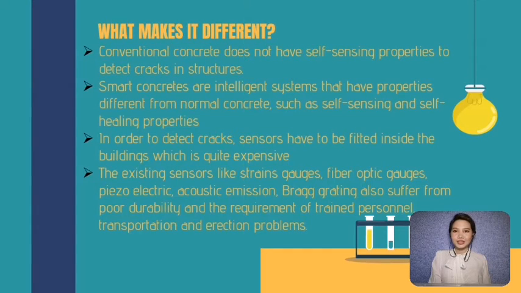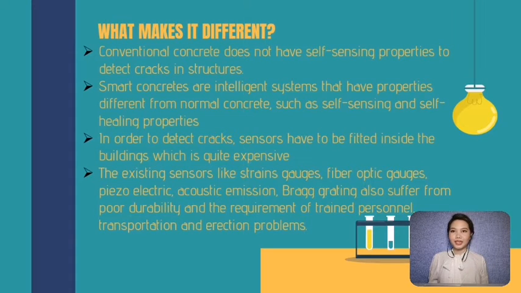The existing sensors like strain gauges, fiber optics gauges, piezoelectric, acoustic emission, and Bragg grating also suffer from poor durability and the requirement of trained personnel, transportation, and erection problems.